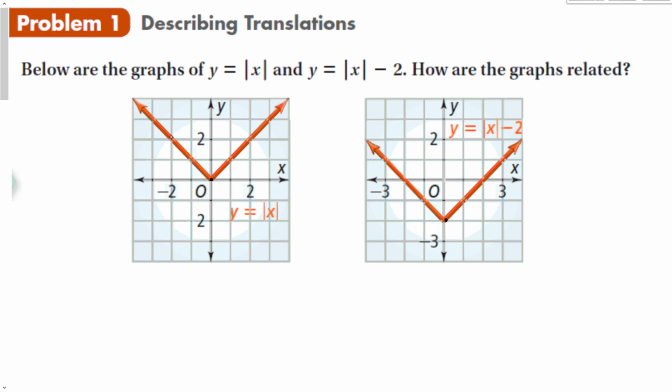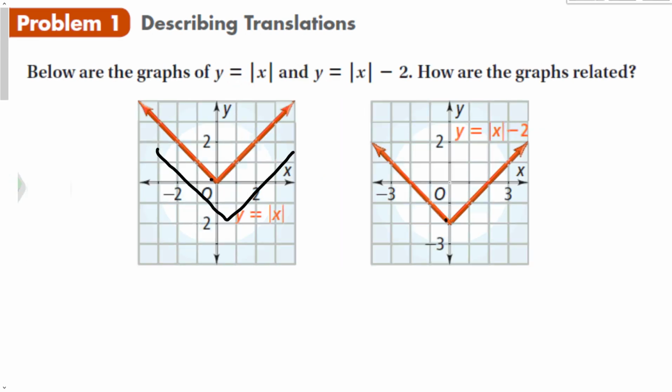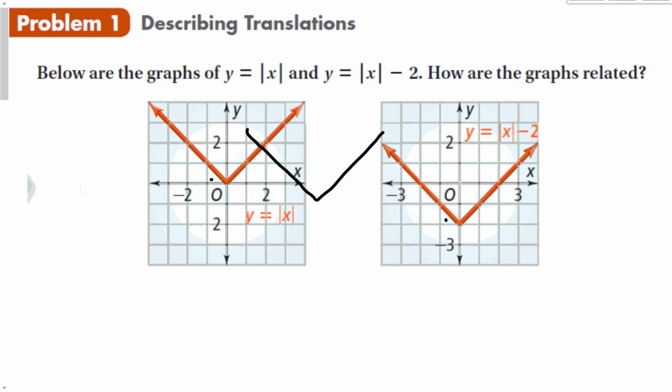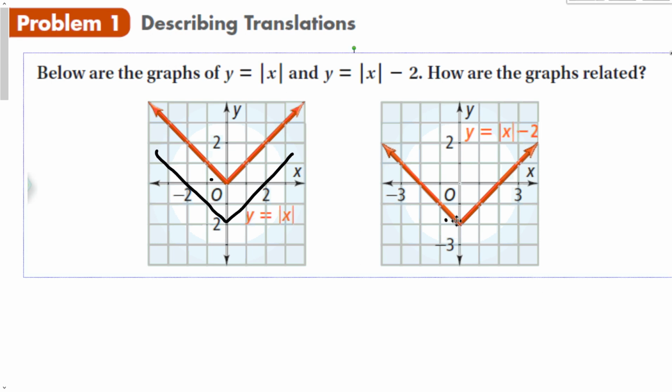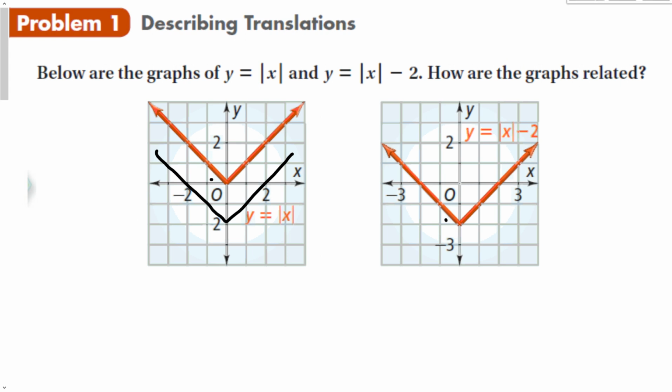So notice that if I were to take this graph, pick it up and shift it down 2, I would then get the same graph over here. Okay, so shift down 2, and I have my function on the right.